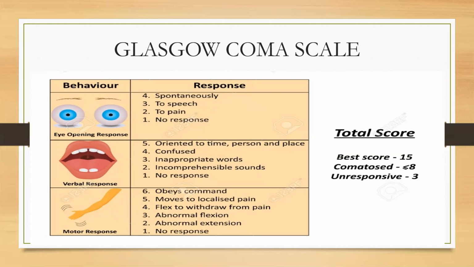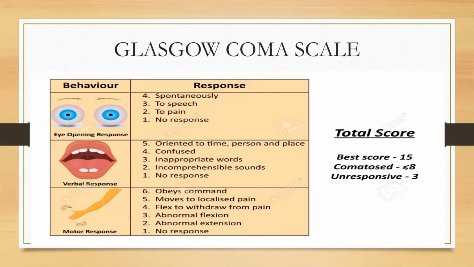The best score is 15 out of 15 when a person is totally conscious, oriented, responding to all stimuli and obeying all commands. When the patient's score is less than 8, it is comatose and indicative of a bad sign which requires mechanical ventilation.